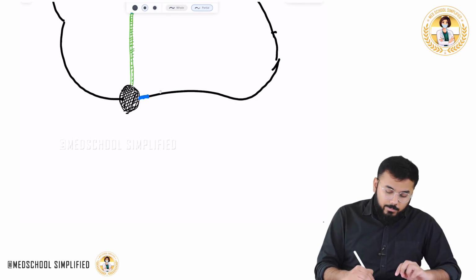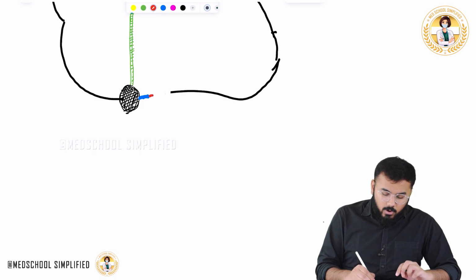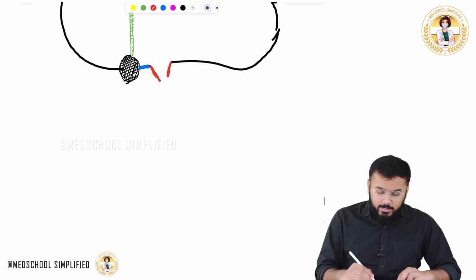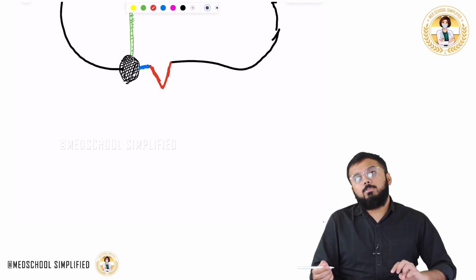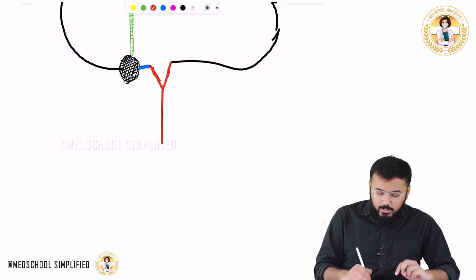Next, after this optic tract, here you have another structure. This is called the tuber cinereum, and the tuber cinereum together forms a conical projection, and this is called the median eminence.